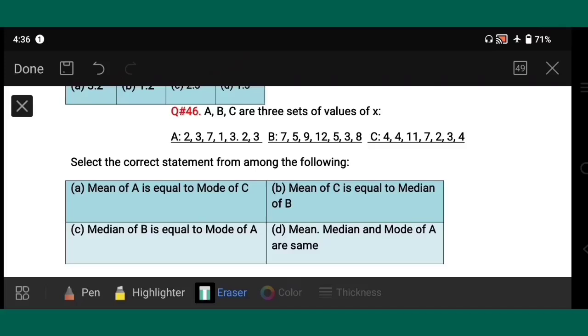Mean of A is equal to mode of C. Mean of C is equal to median of B. Median of B is equal to mode of A. Mean, median and mode of A are same.